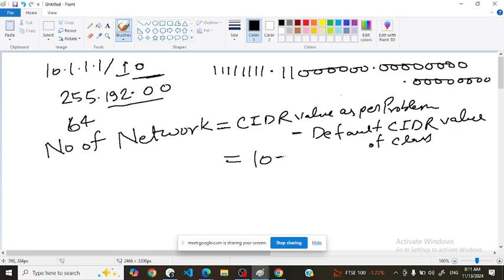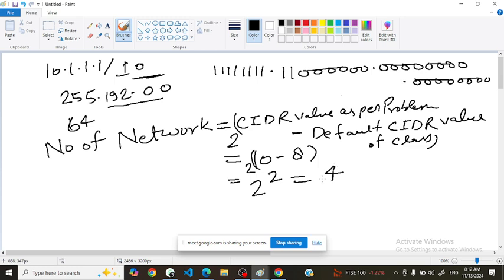For class A, it is /8. What is the CIDR value as per the problem, Abdul? 10. And the default CIDR value of class A is 8. So 10 minus 8 is 2. So it will always be 2 to the power of the CIDR value as per the problem minus the default CIDR value of the class. Here it will be 2 to the power 2, which equals 4.